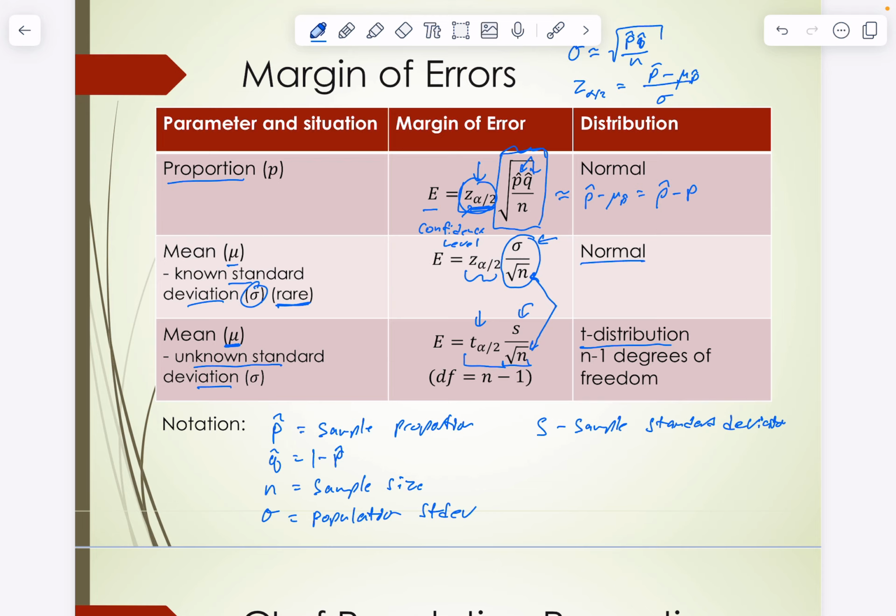We multiply that by this t critical value, this t-score. We will talk more about the t distribution in a moment. In order to look something up on a t table, you need the degrees of freedom, which is going to be n minus 1, the sample size minus 1. These are how you find your margin of error, and the margin of error is used with the point estimate to construct your confidence interval.